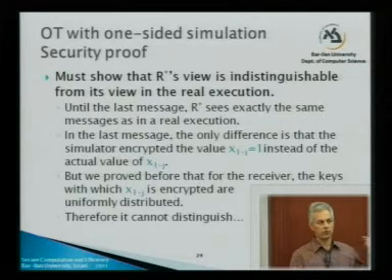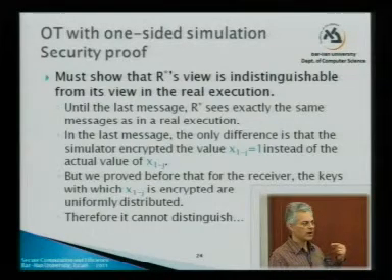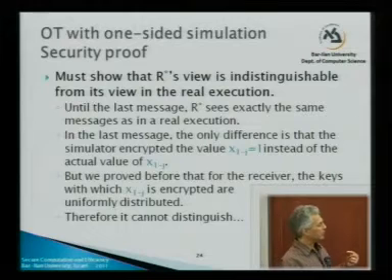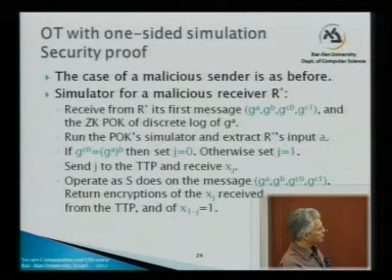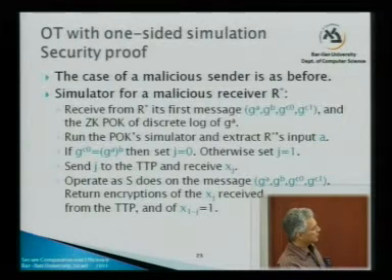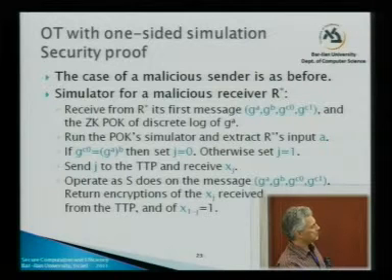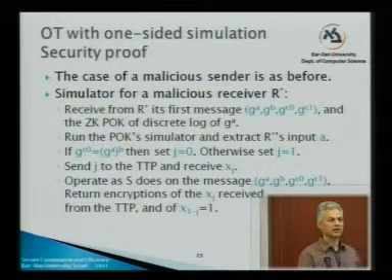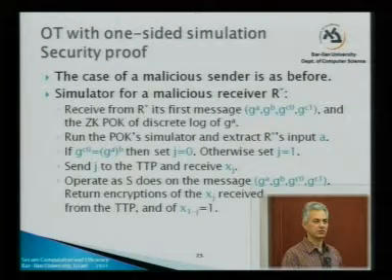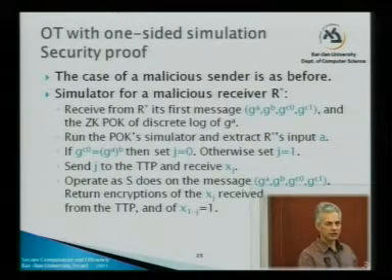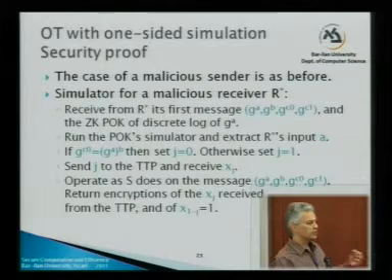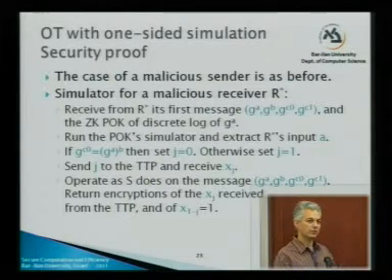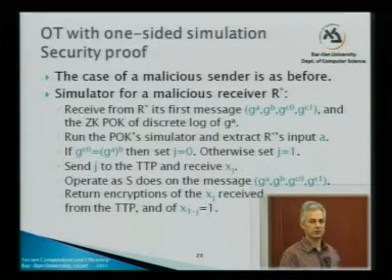But a few minutes before we proved that if the item is different from g to the ab, the receiver cannot learn anything about the encrypted message. What we proved earlier was that of the two messages, one the receiver can decrypt, and the other one is uniformly distributed.